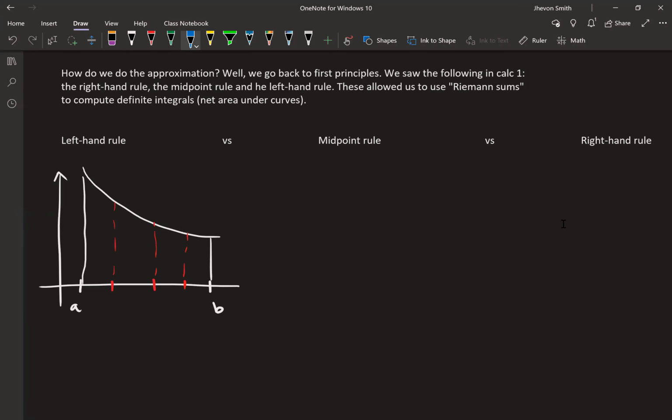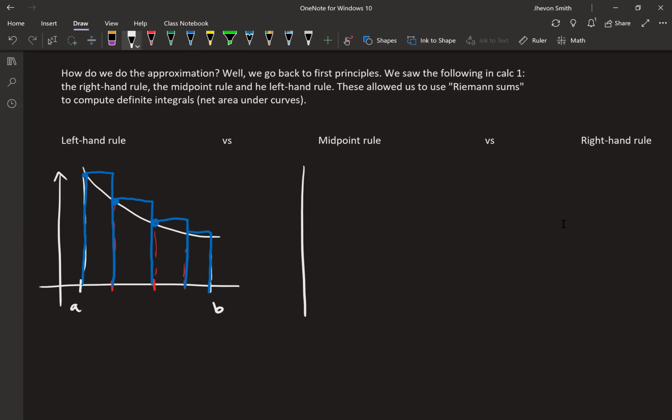In the left-hand rule, you let the left side of the interval define the height of the rectangle. And then the sum of the areas of these rectangles was used as an approximation for the area under the curve.